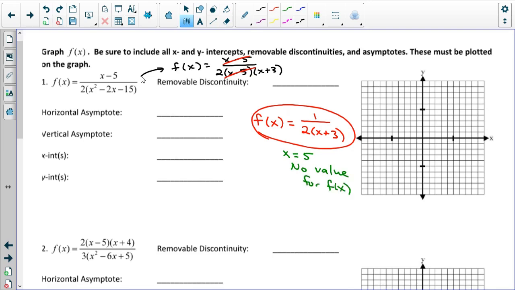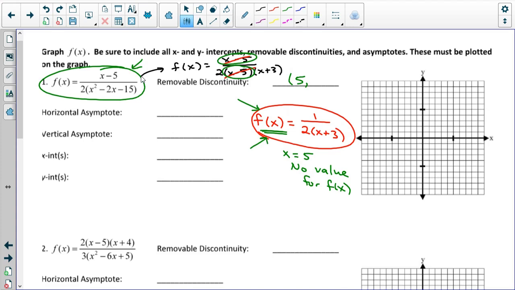Now, if I just graphed 1 over 2 times x plus 3, there would be a value at 5. But we're talking about this function, and this function has x minus 5 appear in the numerator and denominator. So the function looks exactly like what I circled in red, except for at x equals 5. So what I'm going to do is substitute 5 into my new red circled equation.